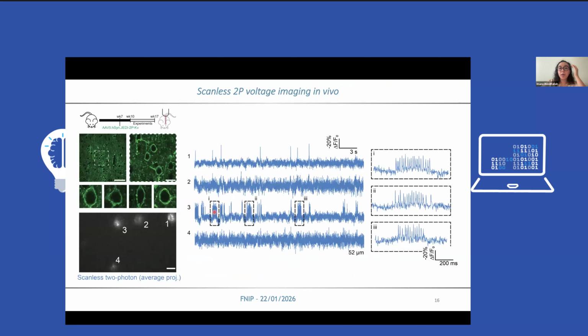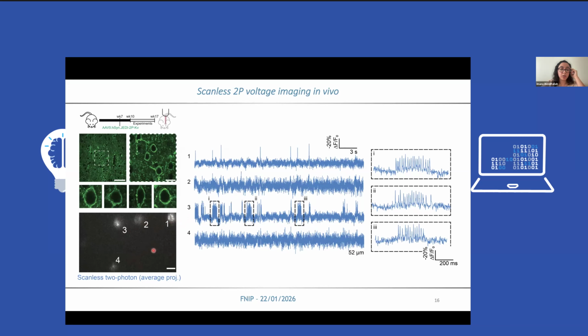So our last step in this project was to test that we could record spontaneous activity in vivo on multiple cells. To do this, we expressed Jedi2P in the cortex of mice, as you can see here, and we recorded the spontaneous activity of several cells. So in this example that I showed you, we recorded from 4 cells.